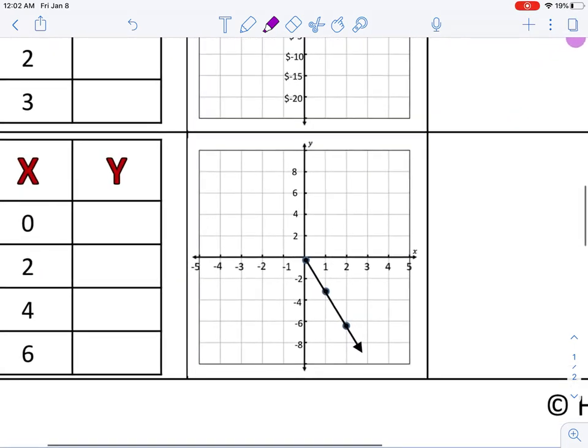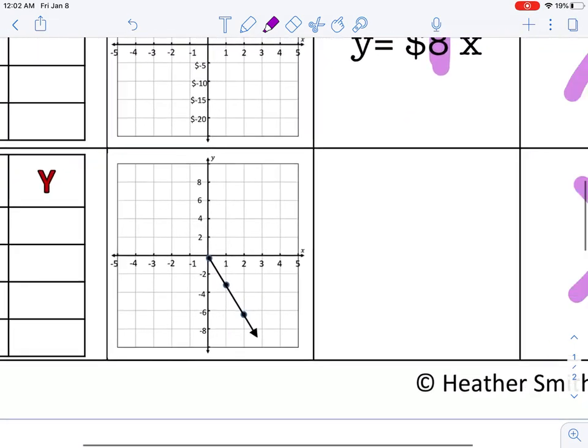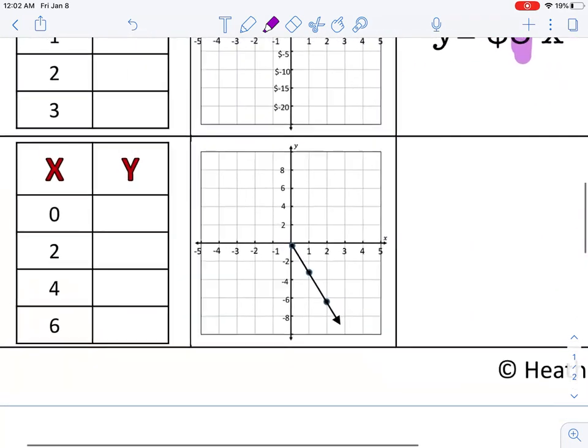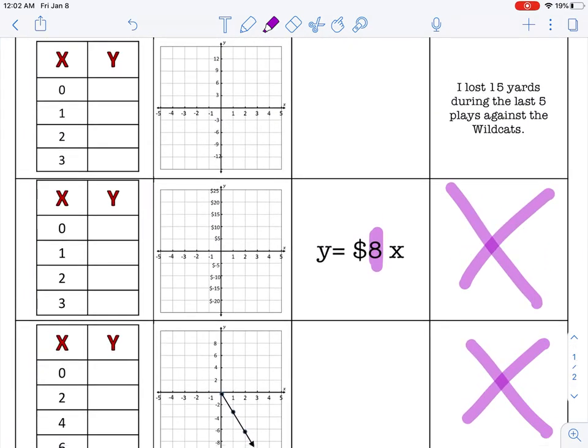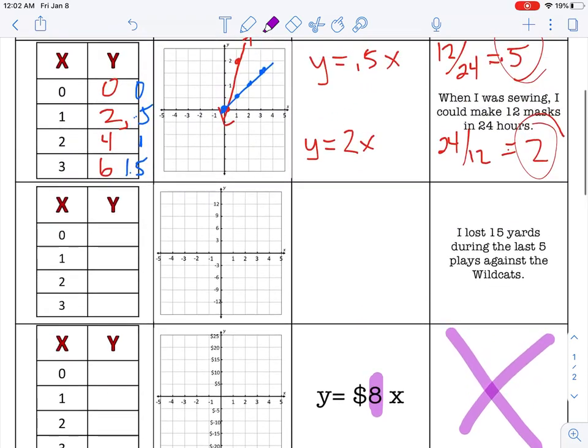Now, this last one here, you have to write an equation, and you have to fill in your table. So when you do your equation, what you need to look at here is what your unit rate should be and how do we find a unit rate on a graph.